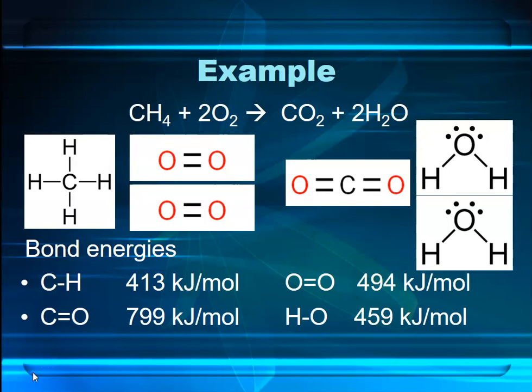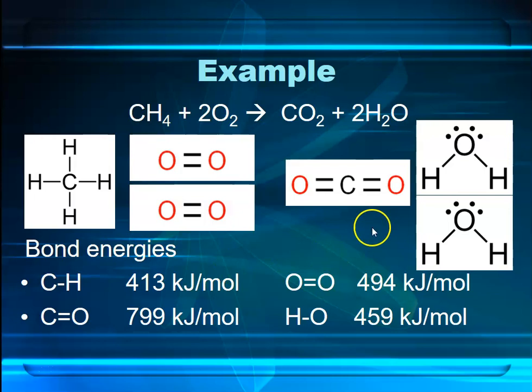So if I look at it, all of the bonds in the reactants are going to have to break, and all of the bonds in the products are going to have to form. So what have I got? In the reactants, I have 1, 2, 3, 4 bonds between carbon and hydrogen and 2 carbon-oxygen double bonds. Now please be aware that a double bond is not the same thing as 2 single bonds. They have quite different bond enthalpies.